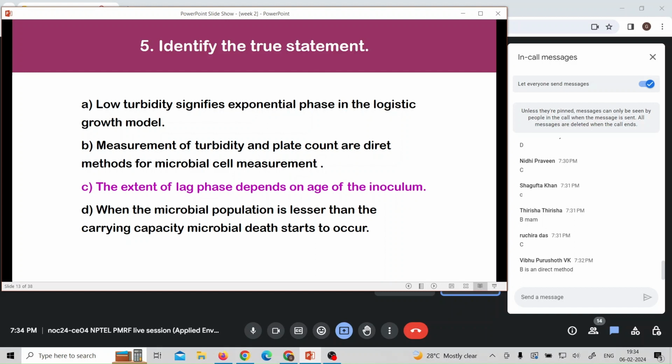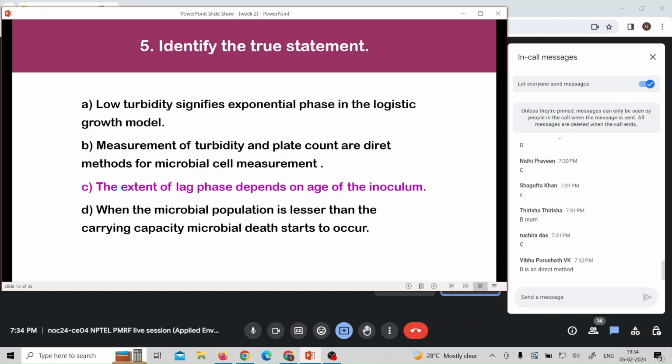Or if I'm going to just have some other metrics which I can equate to the number of people that are available in the room, that is known as an indirect method in terms of microbial cell measurement. You know that microbes have very fast reproduction, so they double very fast and they're going to grow very fast.